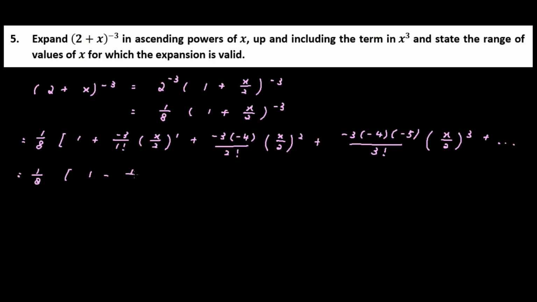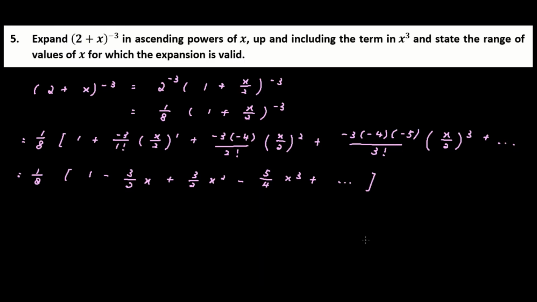1 minus 3 over 2 x, okay, plus 12 over 2 times 4, so you have 3 over 2 x squared, minus 60 over 6 times 8, so 5 over 4 x cubed plus so on.